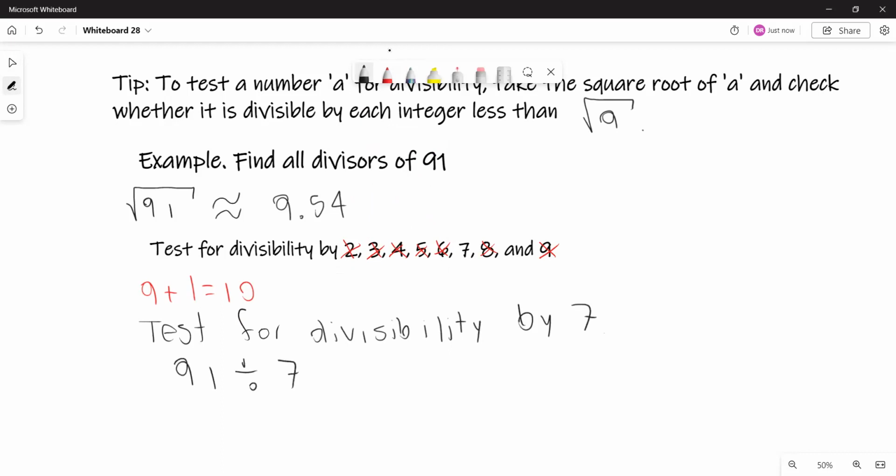But 91 divided by 7 is 13. Okay, so the divisors of 91 are 1, 7, 13, and 91.